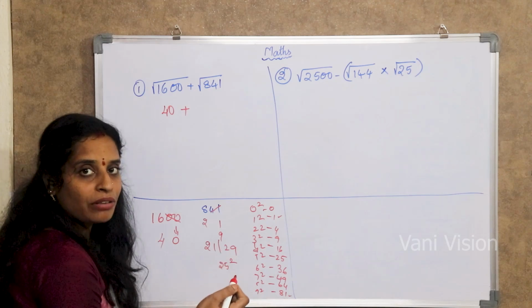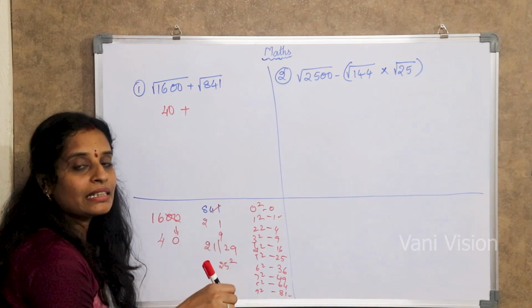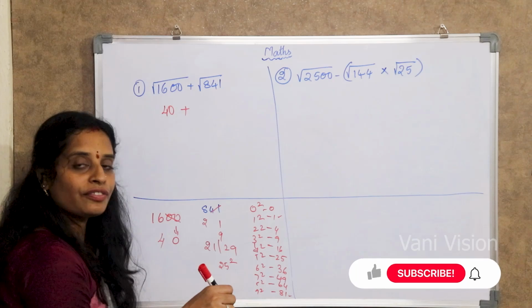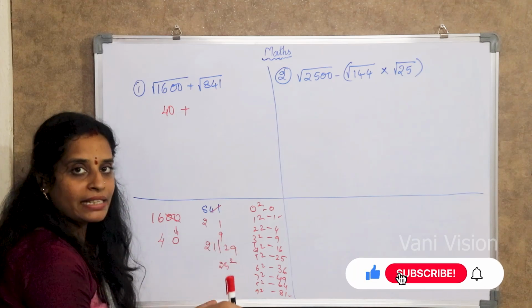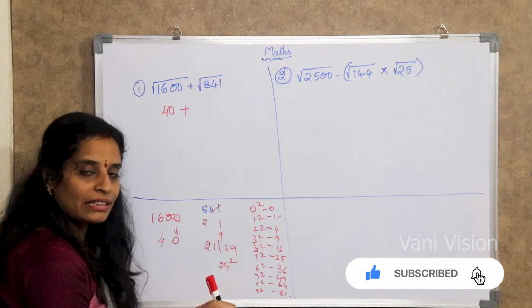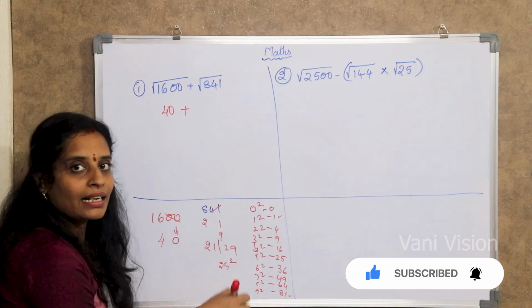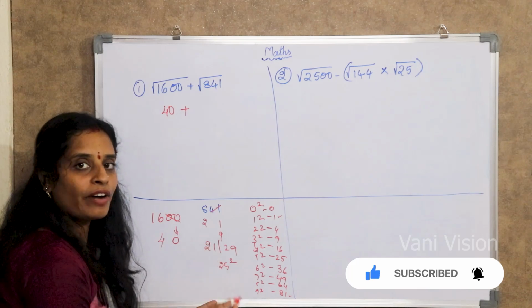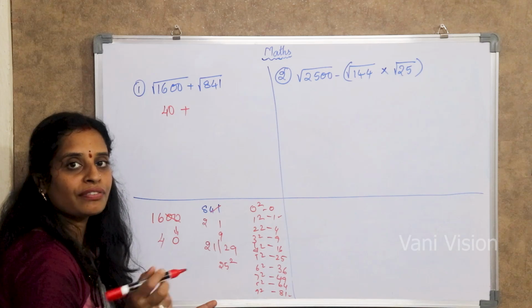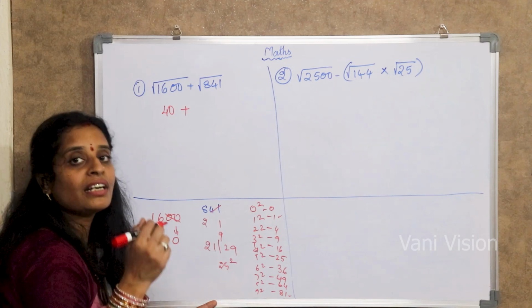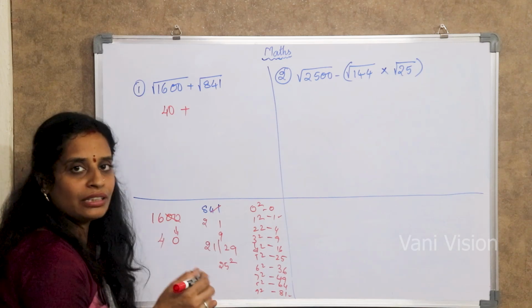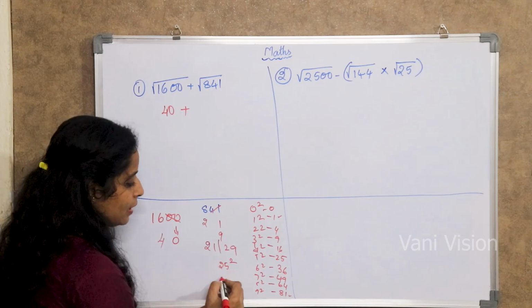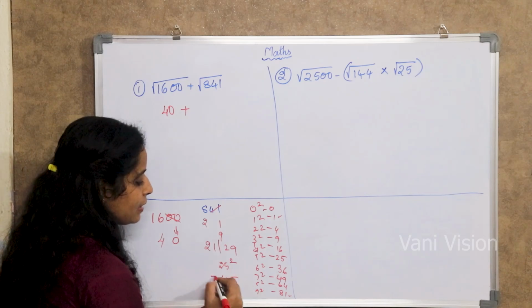I have done a video about it in my previous one, and in the description box a link to that video on squares of numbers ending in 5 is also there. Go through that video, then you can easily get the answers for all the 5s like 25, 35, 45, 55, 65, 75, 85. Any number you can do. You can see, 625 is our answer.